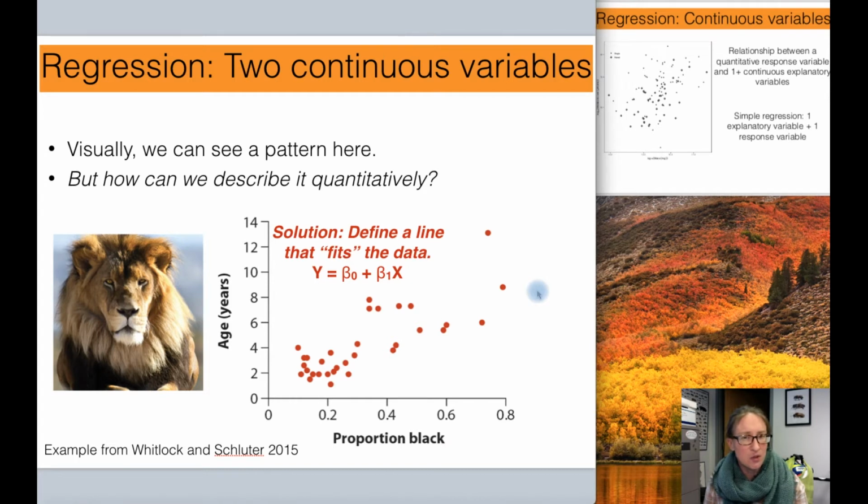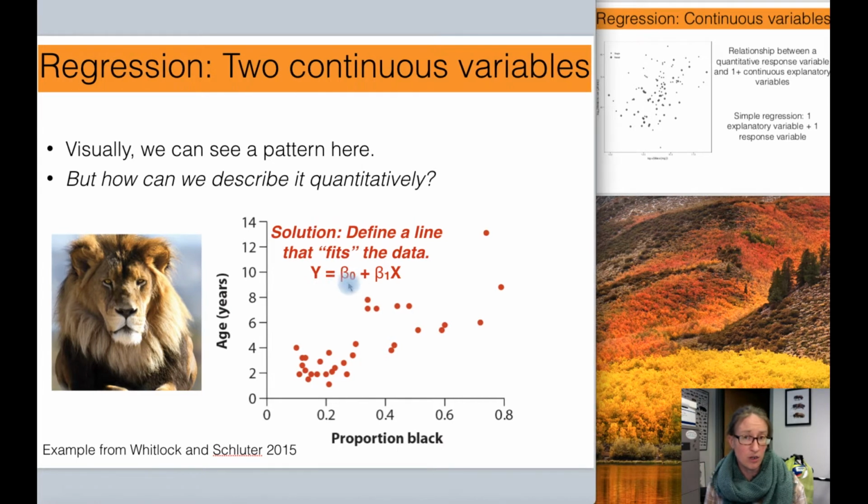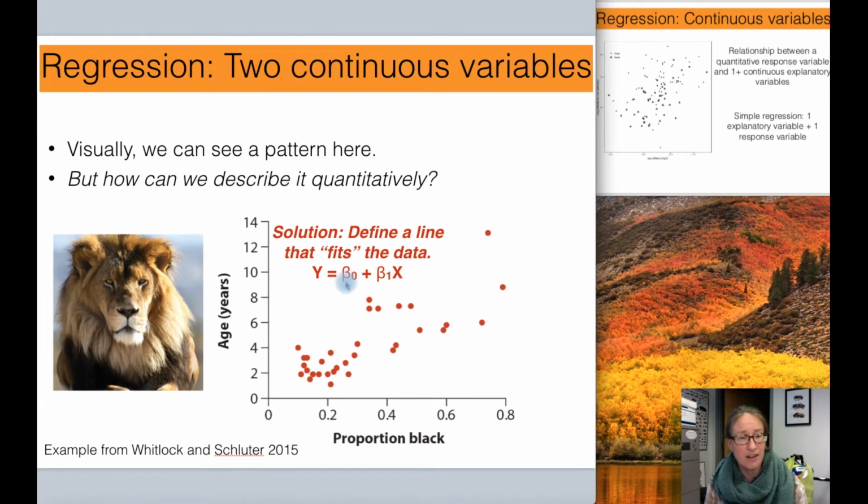But the question is, how do we describe this pattern quantitatively? The solution for doing this is one that you've probably already practiced in other contexts, which is to define a line that fits these data. I'm going to designate this using the equation that's shown here. We can think of our y variable, age in years, as being related to some kind of intercept term, here symbolized beta naught, and then on some kind of slope function of x.